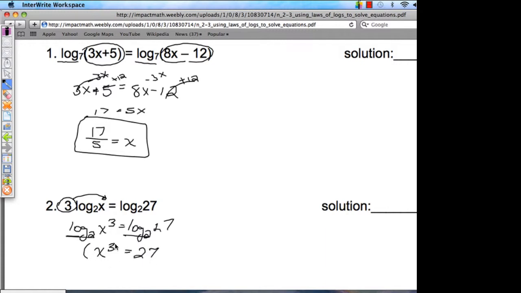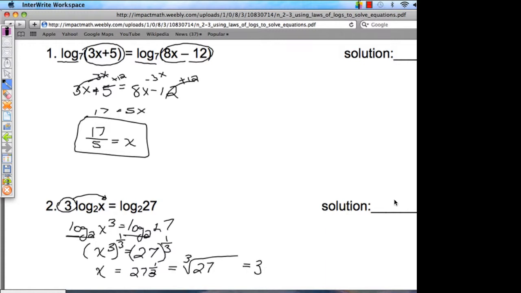When you need to solve a problem with an exponent like this, remember, you can raise it to the reciprocal power. The reciprocal of 3 is 1/3. So that's going to give me x to the first is equal to 27 to the 1/3 power. 1/3 power means you're taking the cube root of 27, and the cube root of 27 is 3.